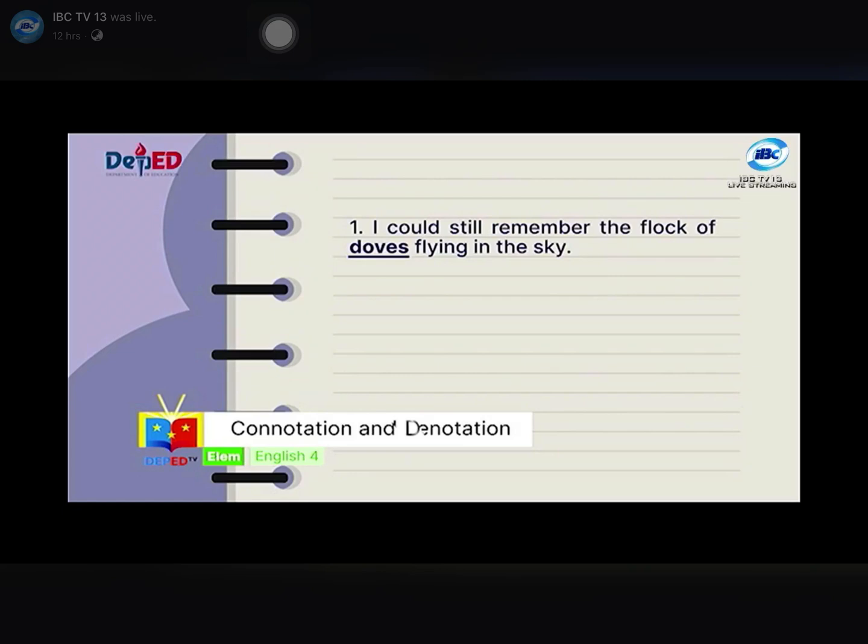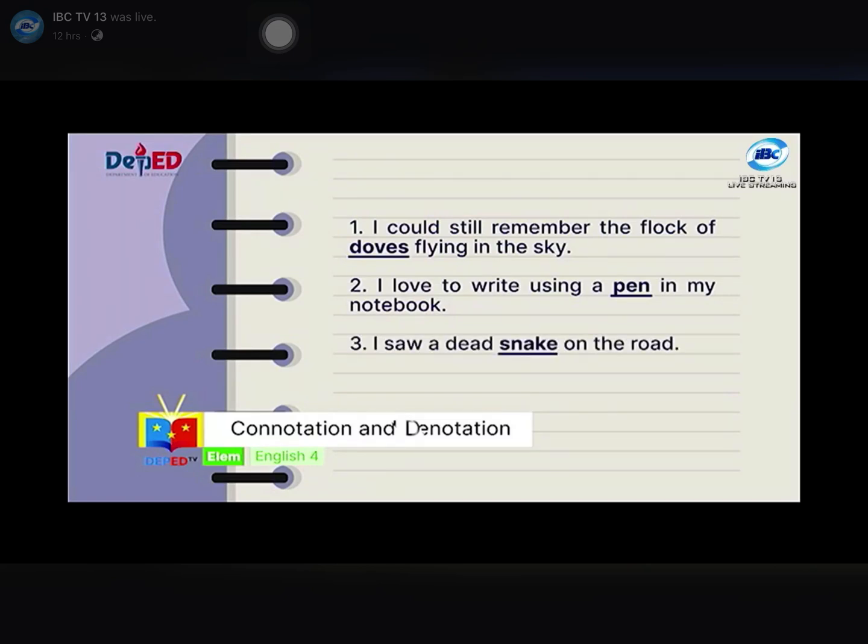A dove is a kind of bird that flies in the sky. Number 2 sentence. I love to write using a pen in my notebook. A pen is a kind of writing material. What about the meaning of snake in this sentence? I saw a dead snake on the road. The snake in this sentence is a kind of reptile.